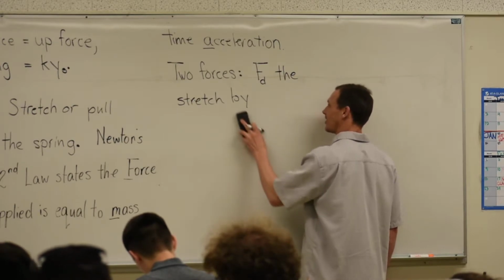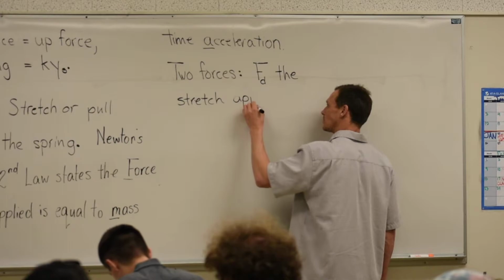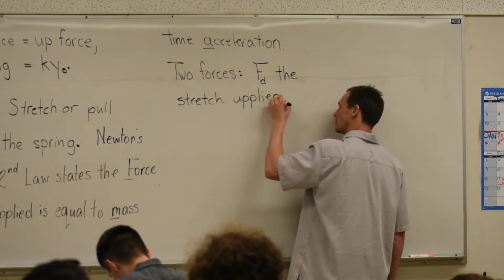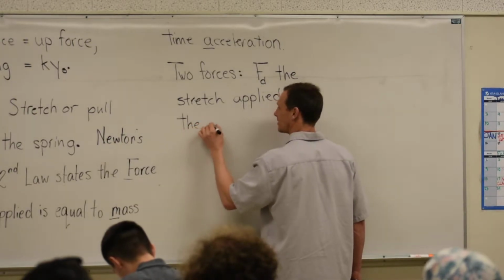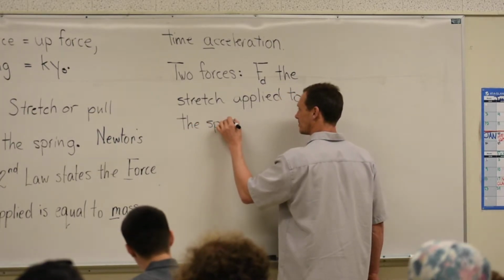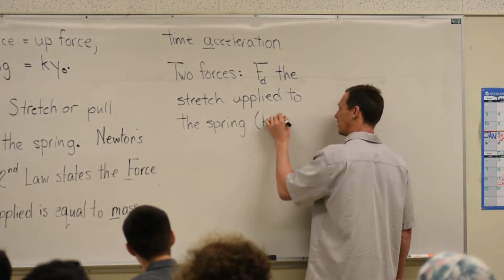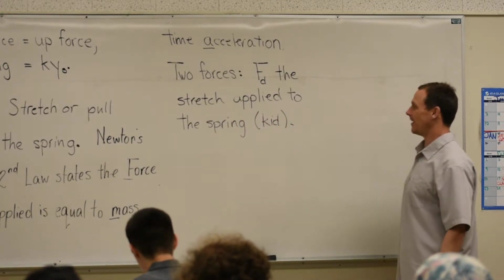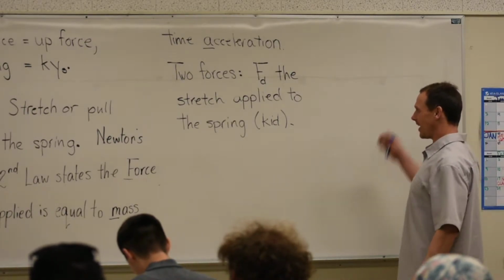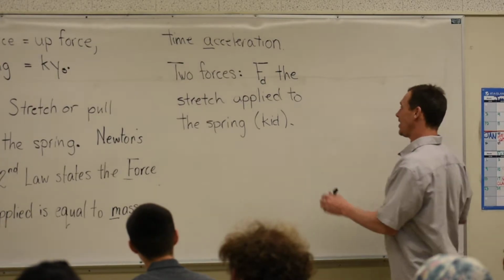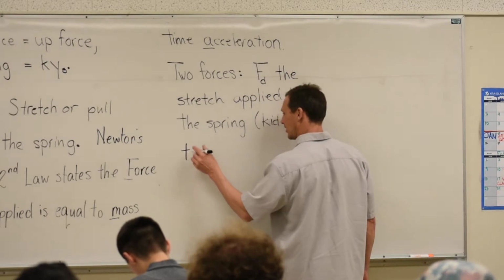It's the stretch applied to the spring. I'll put in parentheses, to the spring. Okay? So that's this, I'm going to put comma, the down force. This is the downward force.